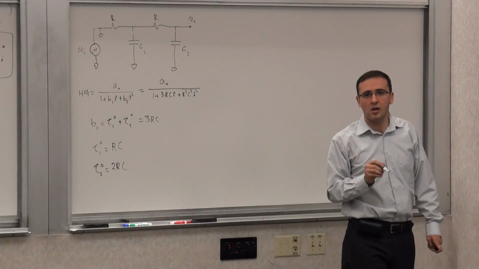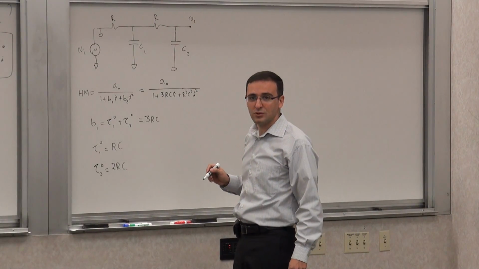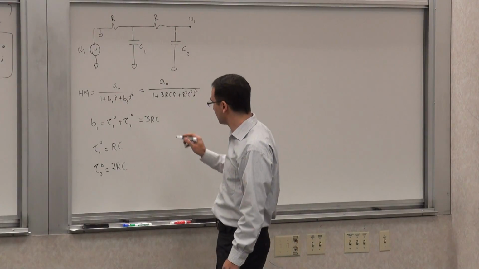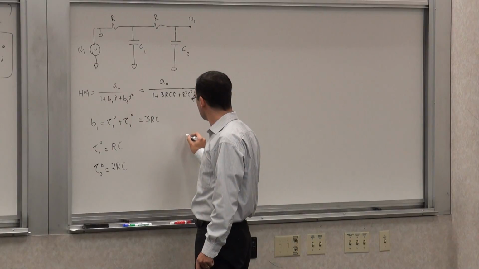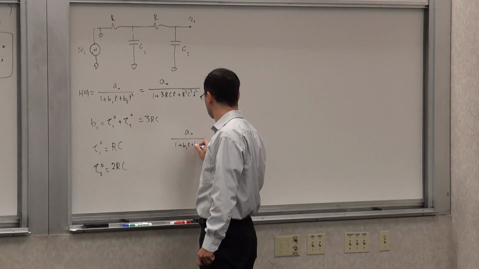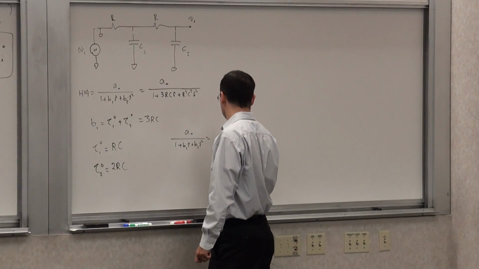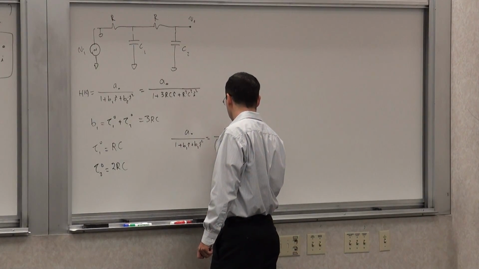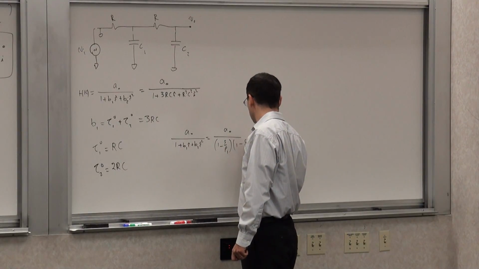Right? Now, if that assumption were correct, that individual time constants are equal to individual poles, then that would mean that this sum, which can in general be written in this form, is generally true.